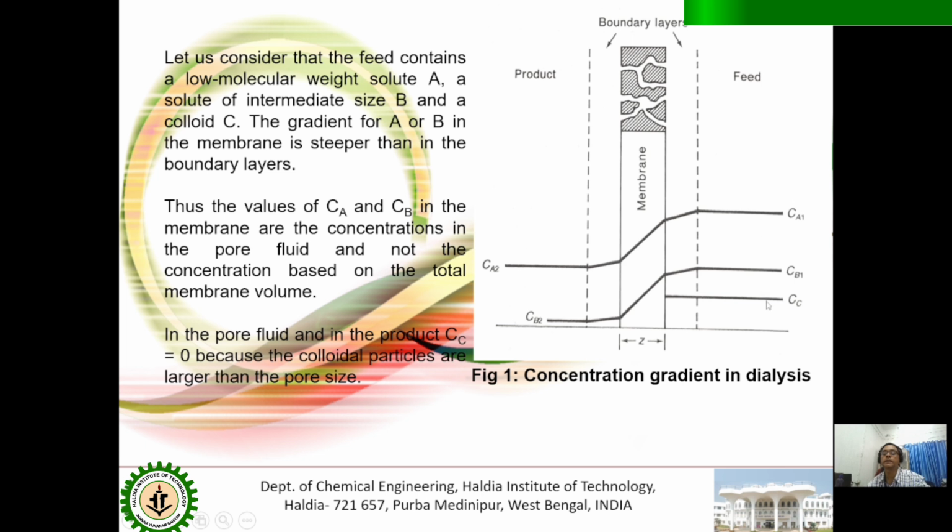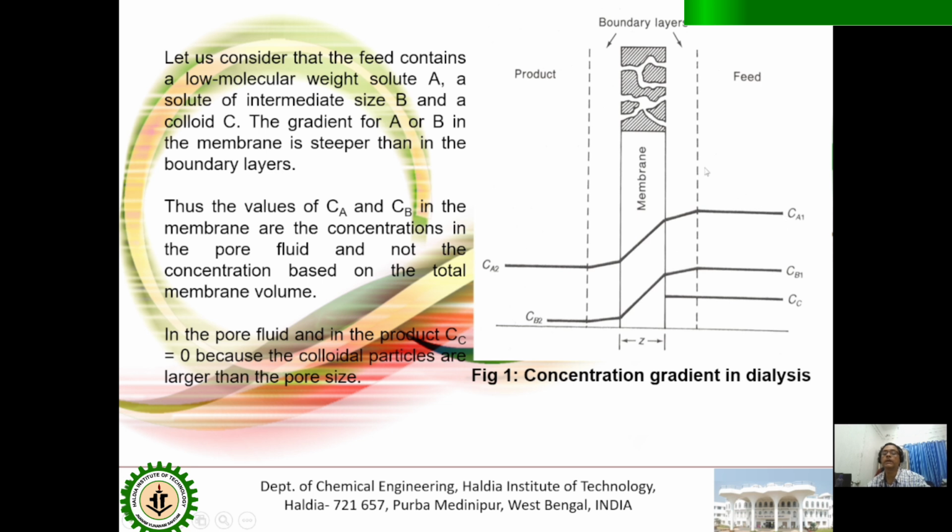On the right hand side, the mixtures with different solutes at different concentrations are shown. This is the feed part. Then boundary layers are formed after the passage of sufficient time.